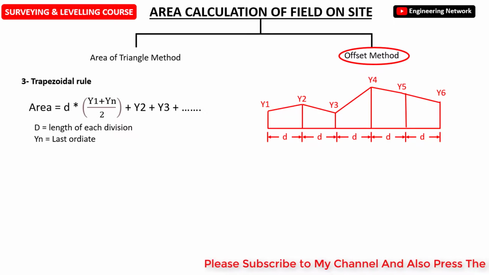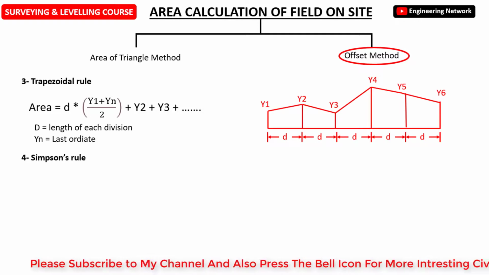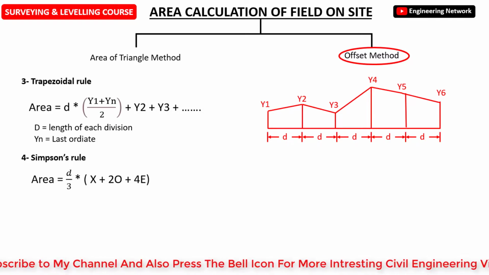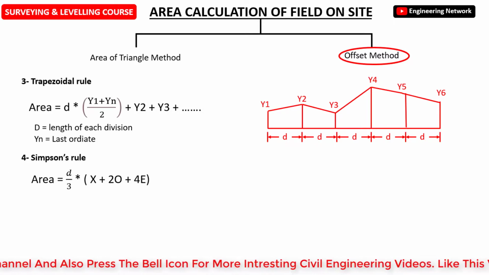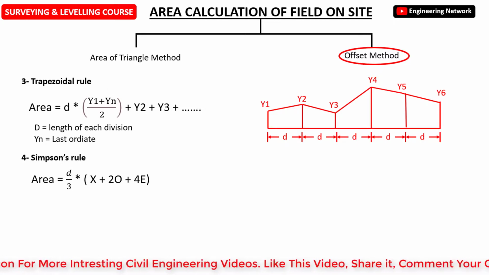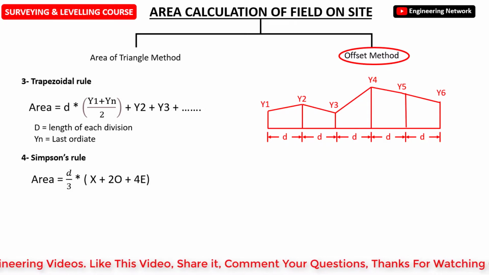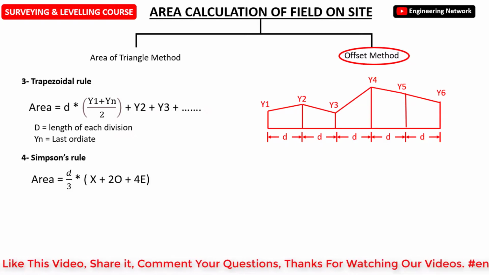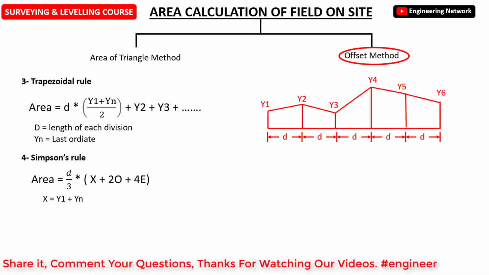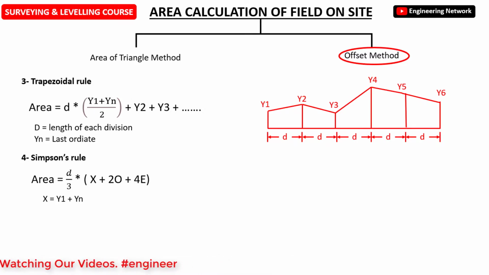Next is Simpson's rule. According to Simpson's rule, area is equal to d divided by 3 into (X plus 2O plus 4E), where X is equal to the sum of the first and last offset. So X is equal to y1, which is the first offset, plus yn, which is the last offset.